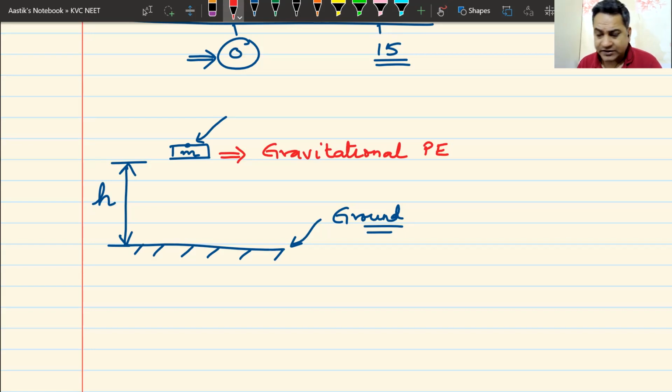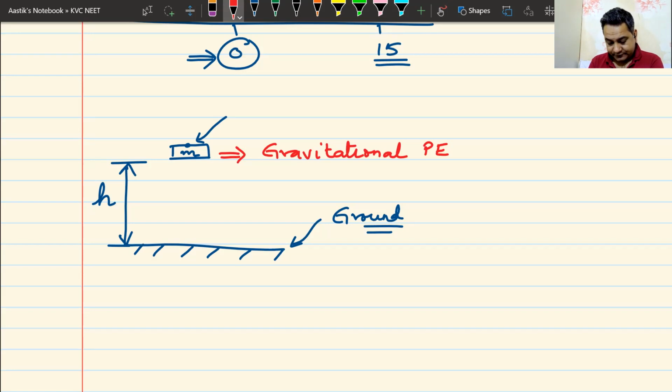How much energy do you think this body has at this point? Anyone has any idea? If you have any idea, you can write it. Else, I will continue. Wait for a minute. How much gravitational potential energy does this body have? I've placed it at a height h above ground.